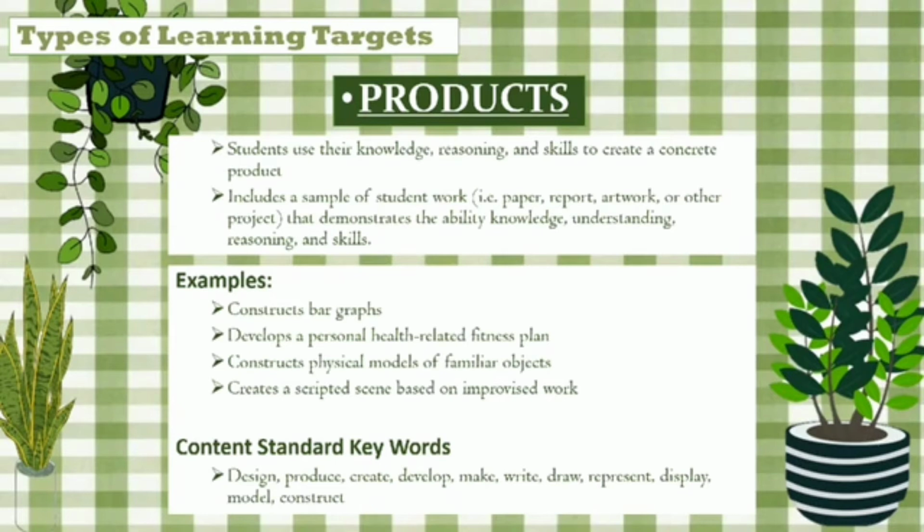Written below are examples of products. One constructs a bar graph, develops a personal health-related fitness plan, constructs physical models of familiar objects, and the last example is creates a scripted scene based on improvised work.